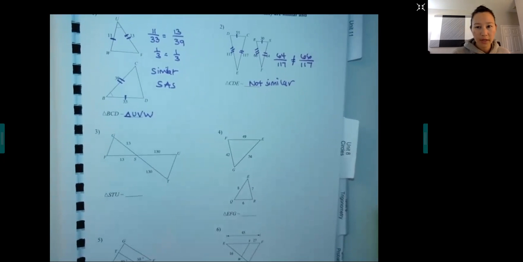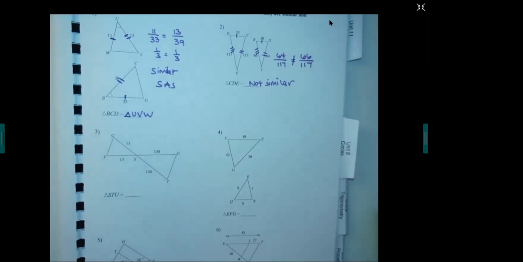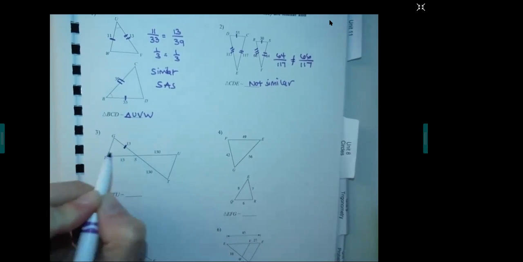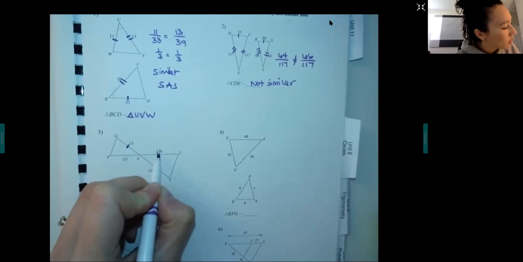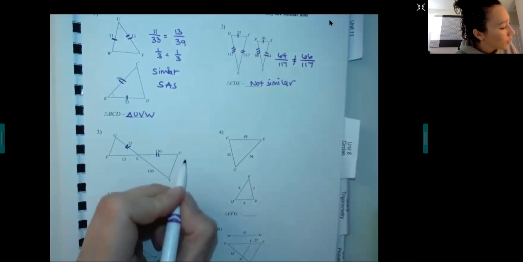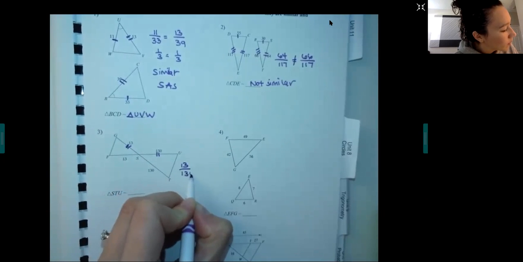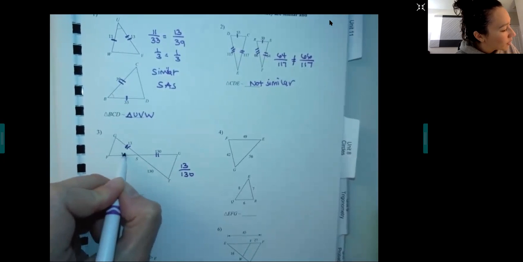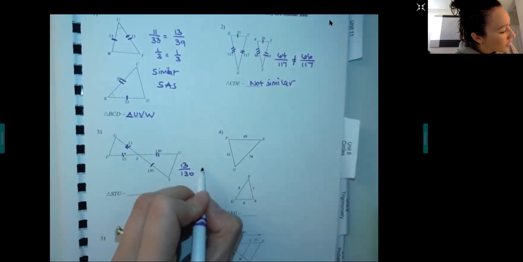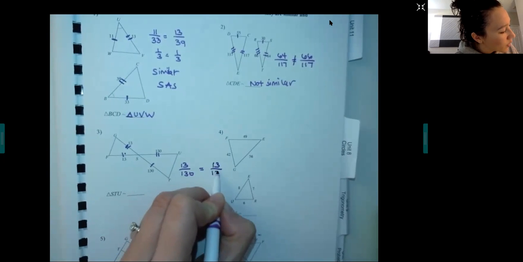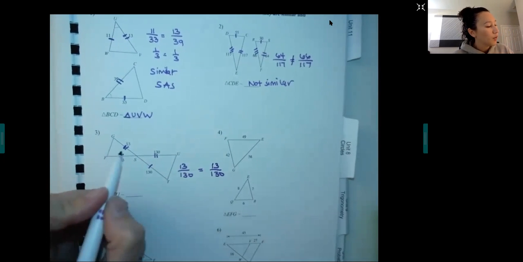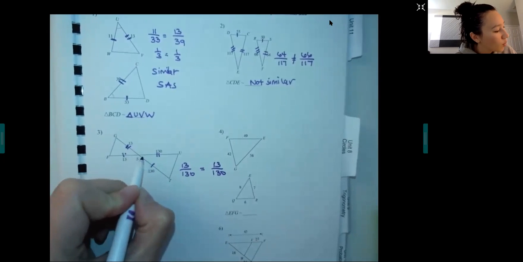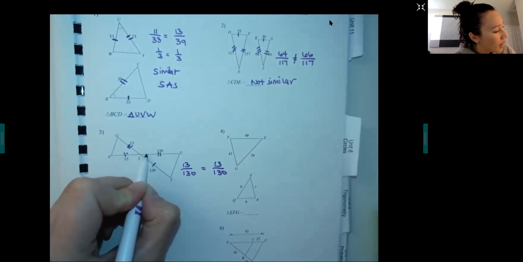Any questions so far? You can send them over in the chat too if you want. Okay, let's look at number 3. So we have 13, which corresponds to 130, and then we have 13, which corresponds to 130. So they're proportional. If we have the two sides, we need the angle between them for side, angle, side.